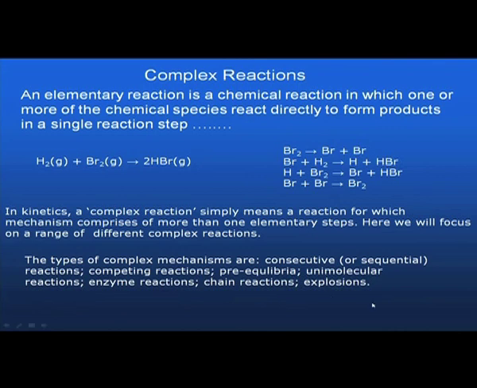Now, like we talked about consecutive reactions and competing reactions. Today we will talk about pre-equilibria, then maybe unimolecular reactions, and how to treat complex reactions.